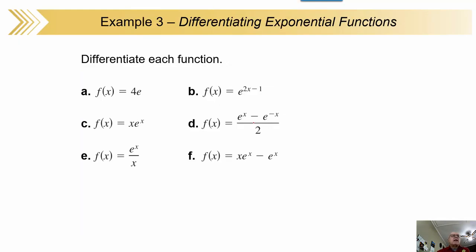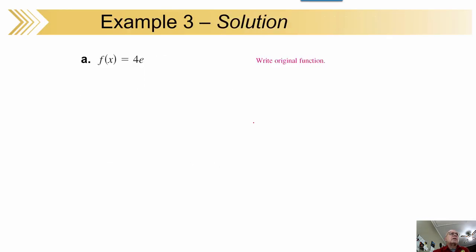So here we've got some functions to experiment with, and let's start with the first one. F of x equals 4e. Well, if you go back in your memory to taking derivatives, if you've got a function, let's call it g of x.